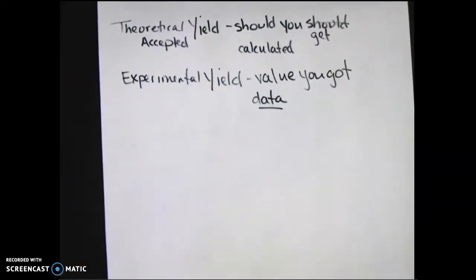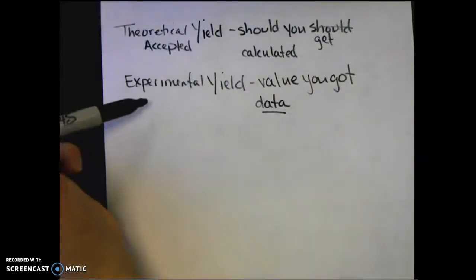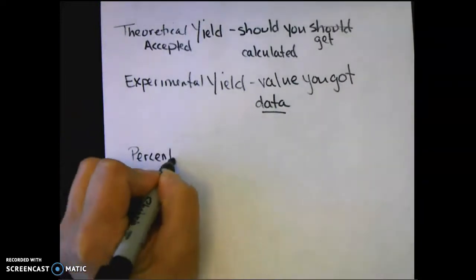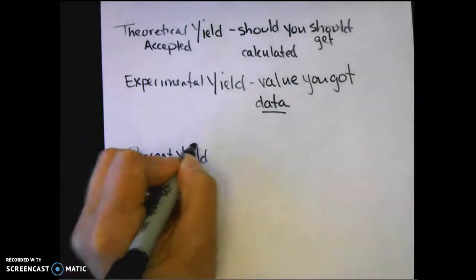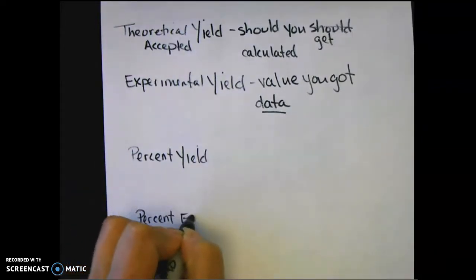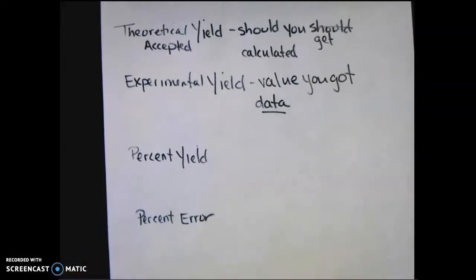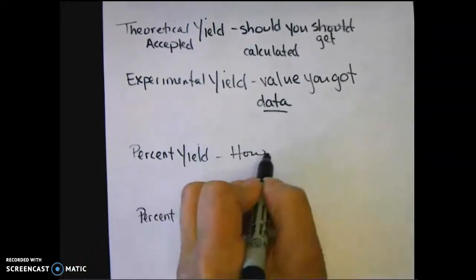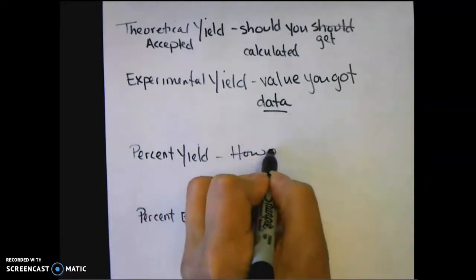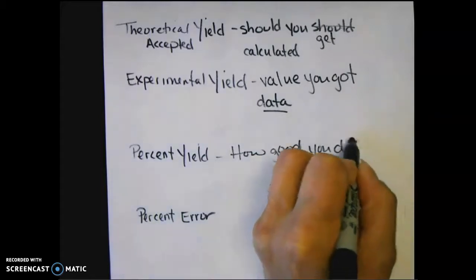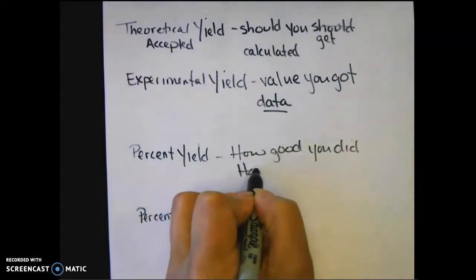Then there's 2 ways that we can compare these 2 values, and that is through percent yield and percent error. Percent yield is going to show you how good you did. It's like what you do to calculate your grade. How good did you do, or how close did you get?